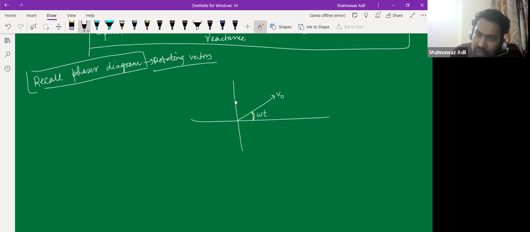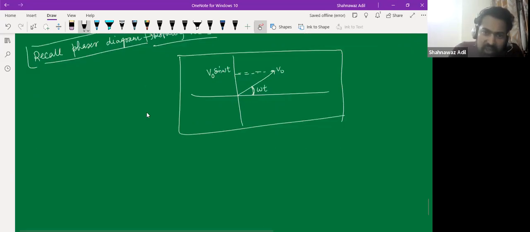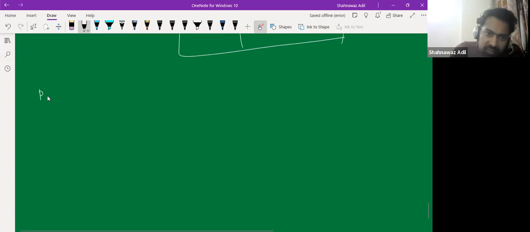If you drop this on the y-axis, you will get your instantaneous EMF, right? Similarly, for the case of different currents, we get different kinds of phasor diagrams. So if we write the phasor diagram of the LCR circuit, this is very important.